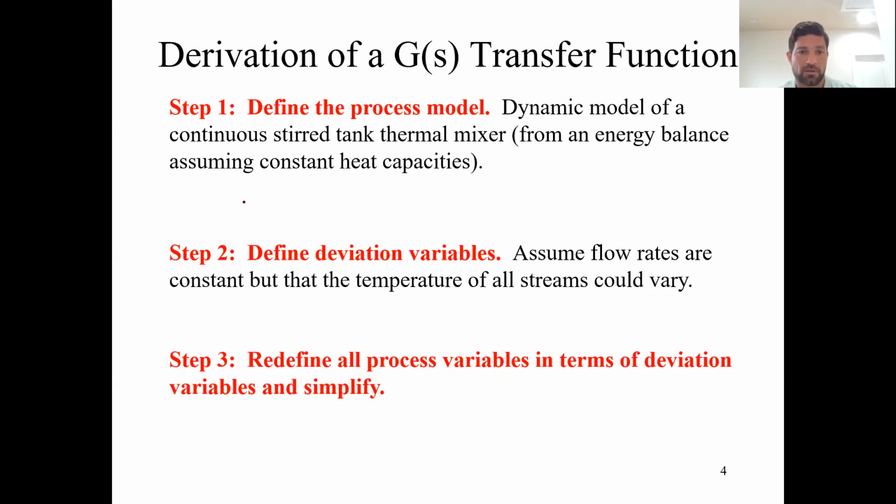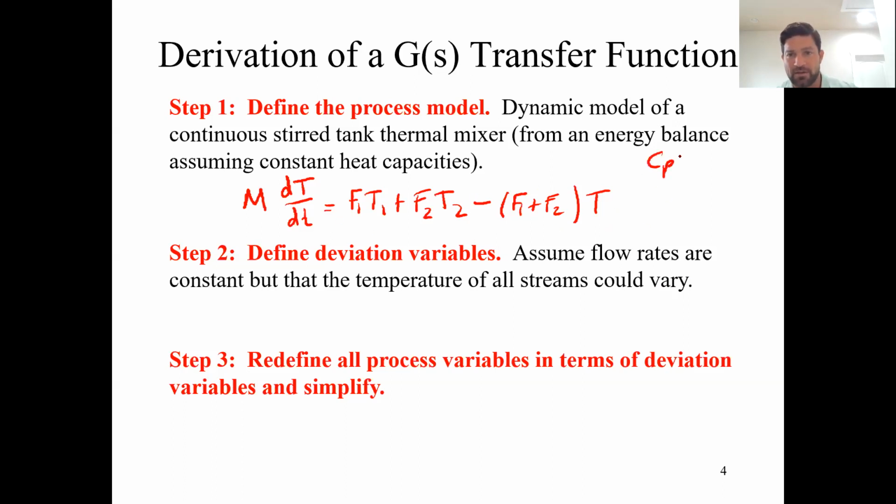So our process model for this case was M times dT/dt equals F1 T1 plus F2 T2 minus (F1 plus F2) times T. One assumption we made is that the constant volume heat capacity and the constant pressure heat capacity are equal because it's a liquid. So in all of these terms we would have factored that out, and then we rearranged some things to get it into this form.